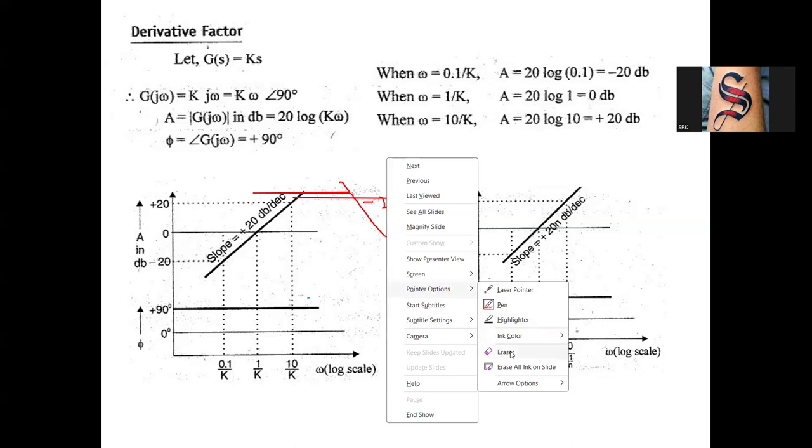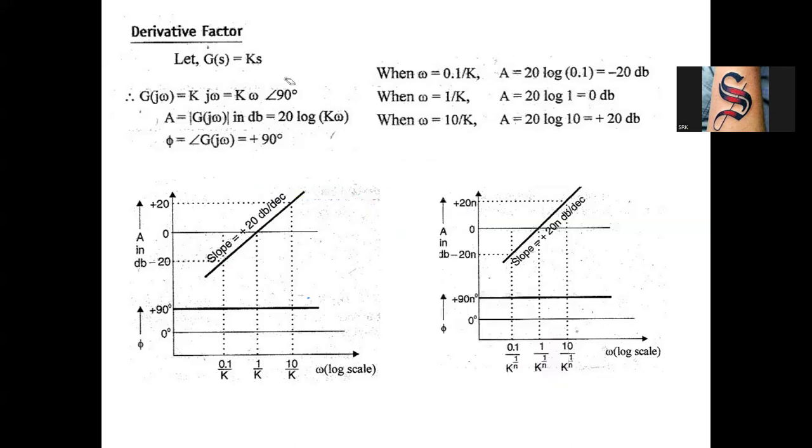Similarly, if the function is k into s power n, then the slope is 20 into n decibels per decade, and the phase angle is always 90 into n. Okay, and remember one more important point.